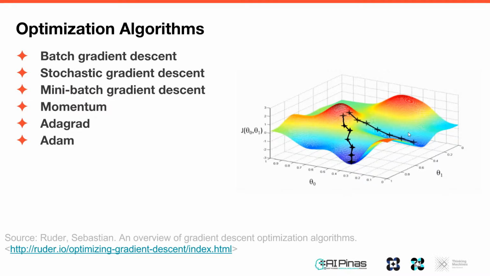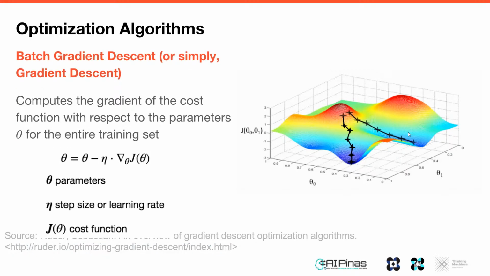There are many different types of optimization algorithms. The most common ones you'll hear about are batch gradient descent, stochastic gradient descent, and mini-batch gradient descent. There are a couple of very interesting, very useful ones that have come out lately: Momentum, Adagrad, which is the standard right now for TF, and Adam. I won't go into too much detail on each of these.